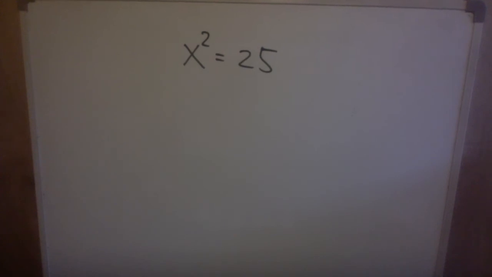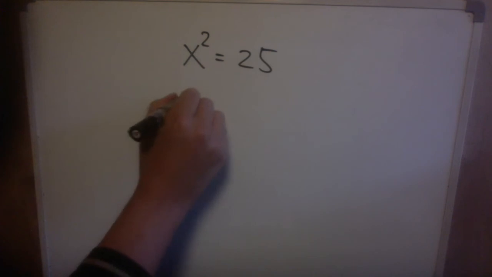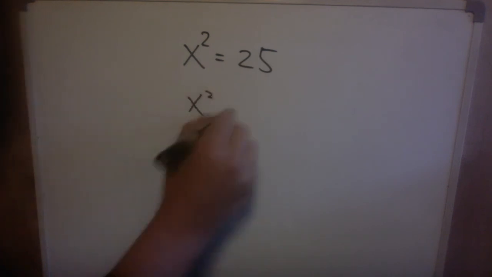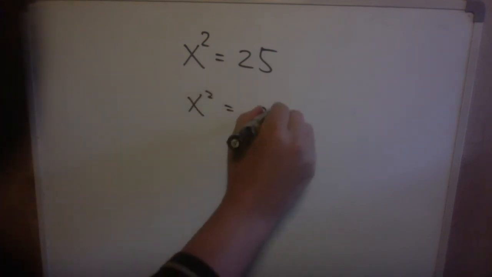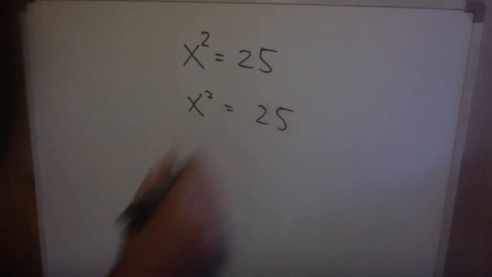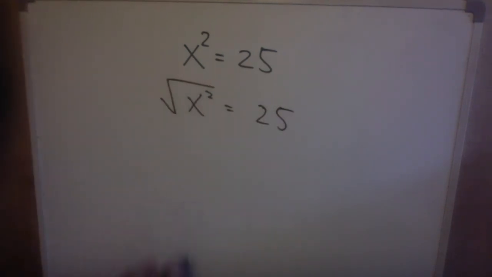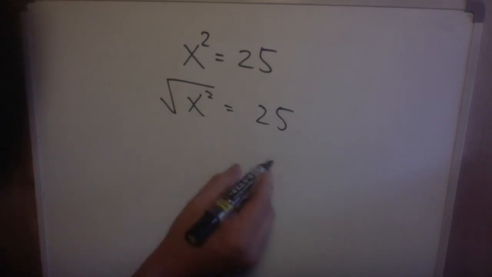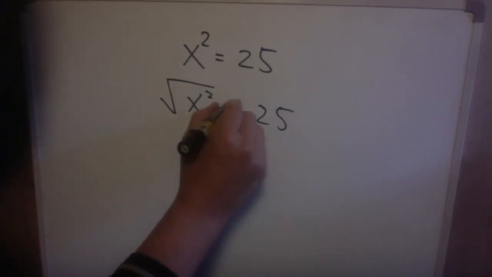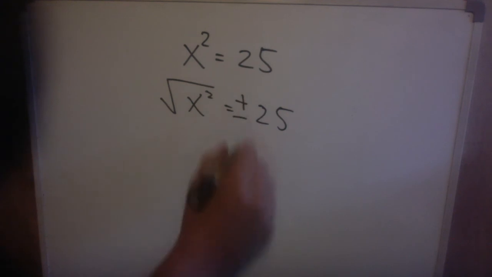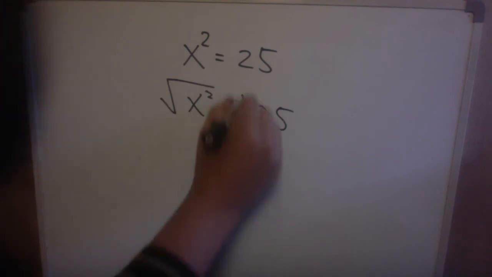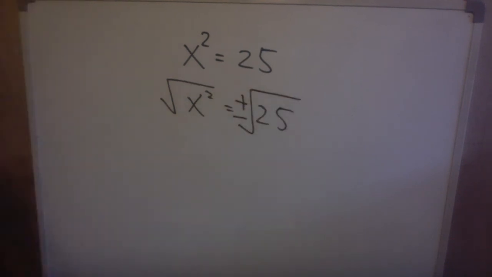We're going to take square roots of both sides. So we have x squared equals 25, and we're going to take the square root of both sides. When you take the square root of both sides, on the right-hand side you're going to get a positive root and a negative root. You're going to get two roots, the square root of 25.